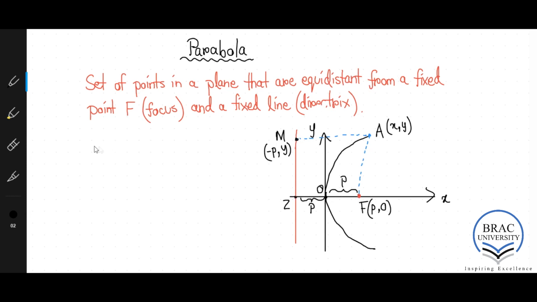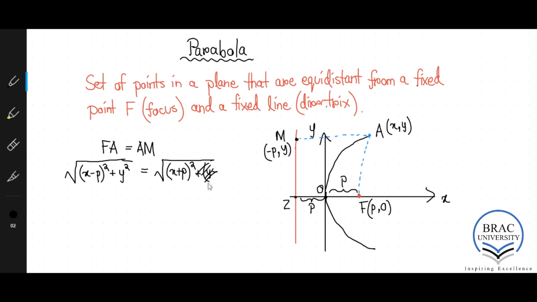Now, if we want a quick derivation of this, we can basically say that the length of FA is equal to the length of AM. So let's think of the distance between these points. You can calculate the distance between these points as the square root of (x minus p) squared plus (y minus 0) squared, which is equal to this distance, the square root of (x plus p) squared plus (y minus y) squared, which is 0.